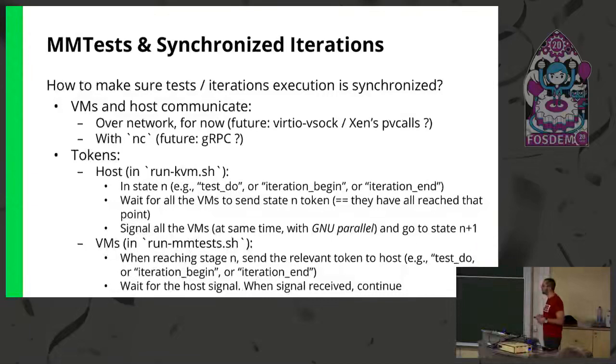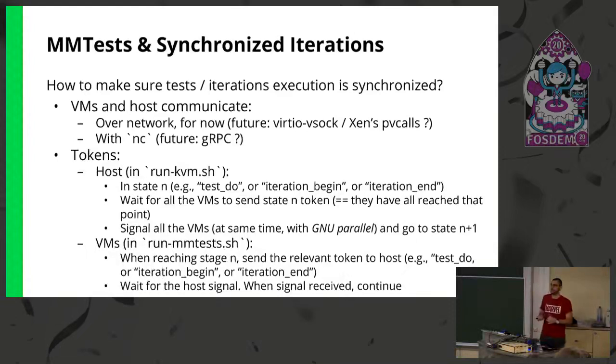Synchronization, the synchronization that I also mentioned. So basically, this is implemented, and as said before, host and guest need to be able to talk over network, and it's over network that a synchronization protocol has been implemented between the run KVM script running on the host and the run MMTest script running inside the guests. And this synchronization protocol, as said, right now happens over the network.